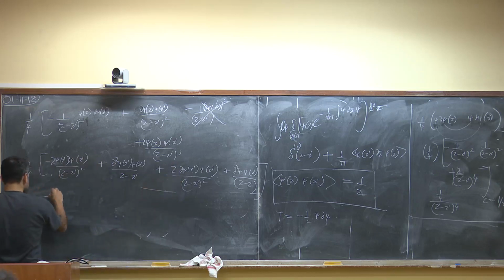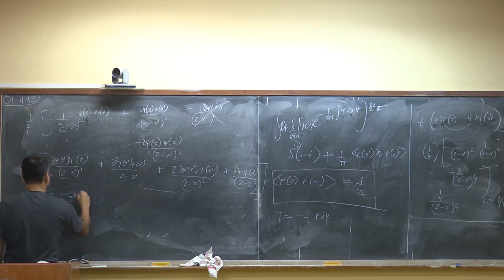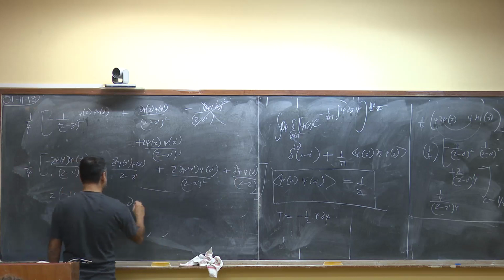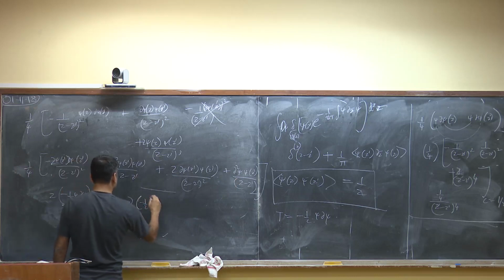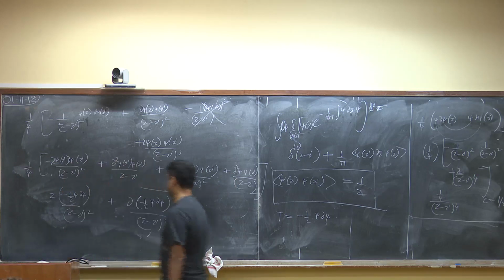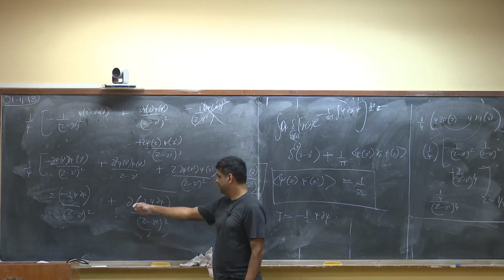And so we get minus, it's 2 into minus half psi del psi. But that was the stress tensor itself over z minus z prime the whole thing square. And these two terms together are plus del of minus half psi del psi by z minus z prime the whole thing squared. Because when you act with this del, the first term del psi is 0.